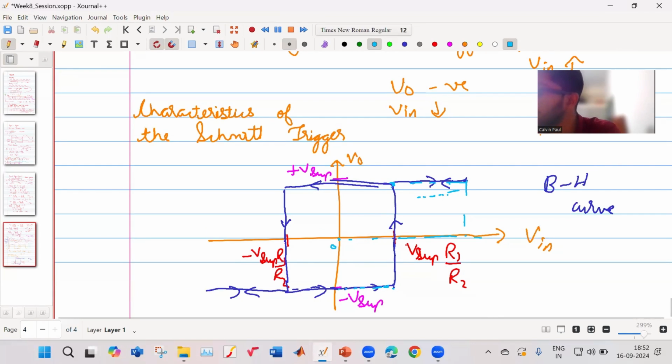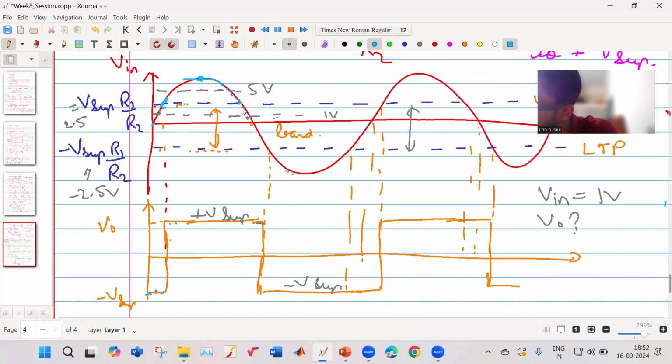Still your output will be positive. Then your input will reduce, still it touches 0. Still your output is plus V supply. Then your input reduces, touches this point. Then your output will become minus V supply.